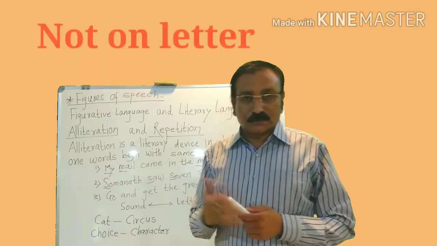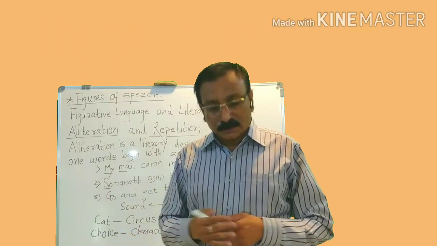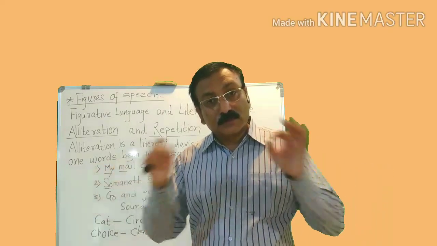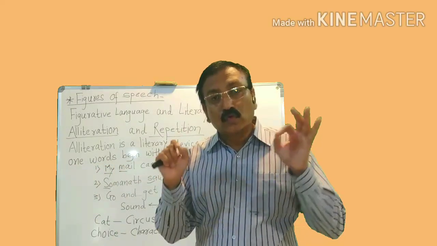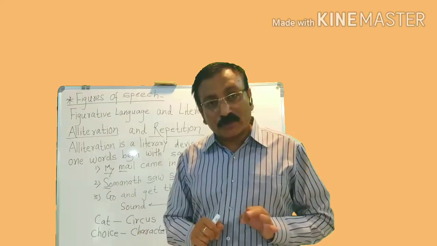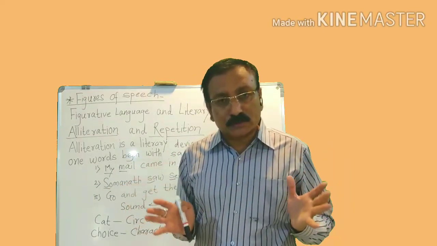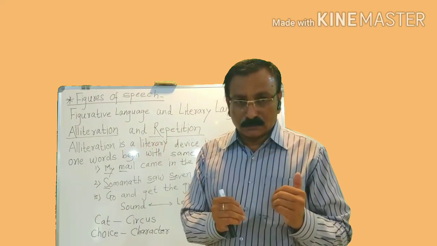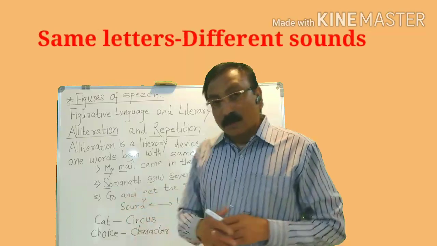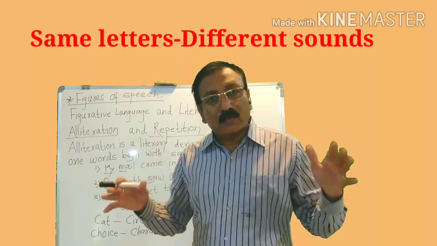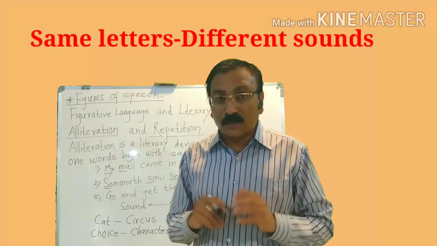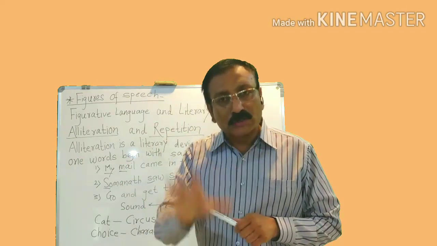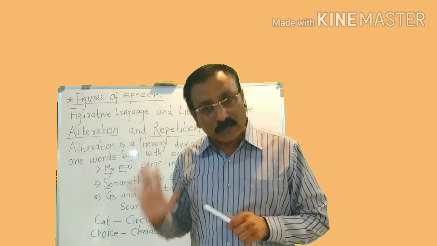Many times you may have the same letters in the beginning of two words. In that situation, we get confused whether it is an example of alliteration or not, because the same letter may have different kinds of sounds, and therefore in that case we cannot call that particular line an example of alliteration.